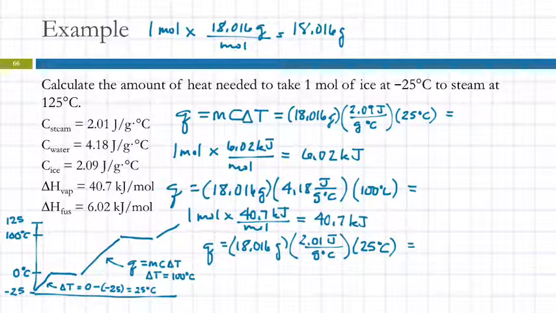So, doing some math here, I'm going to calculate the energy needed to heat up the ice: 941.336, and the unit there is joules.